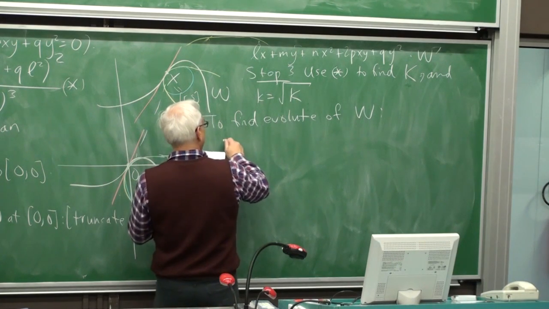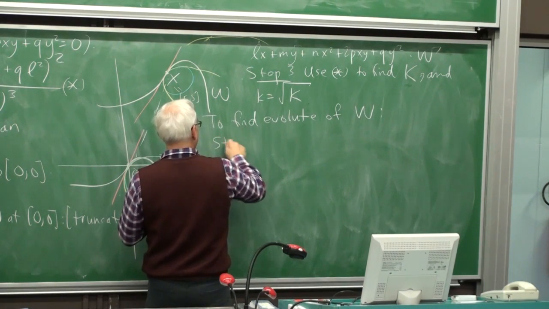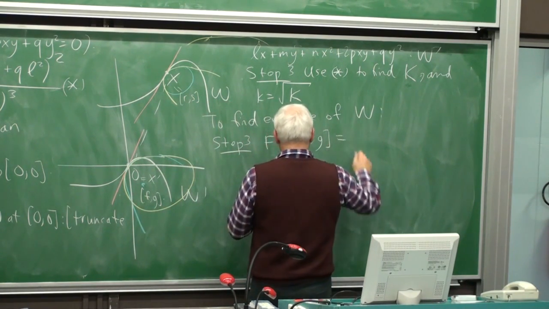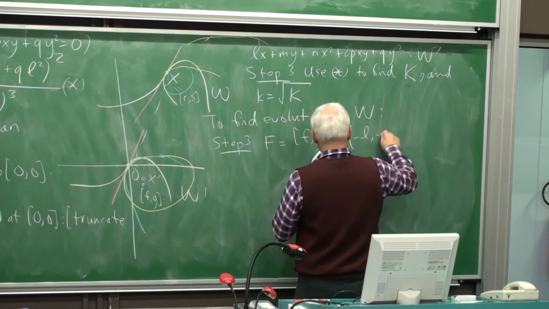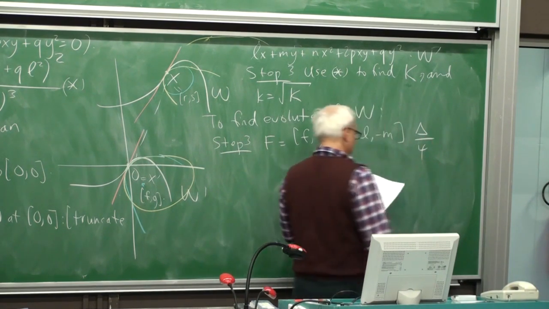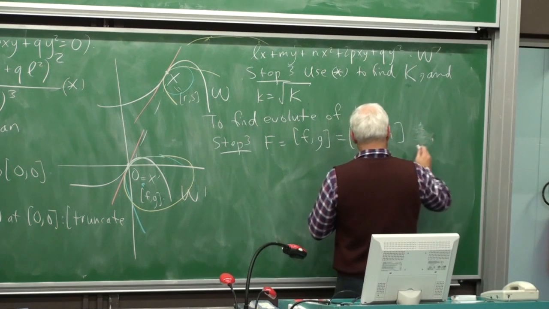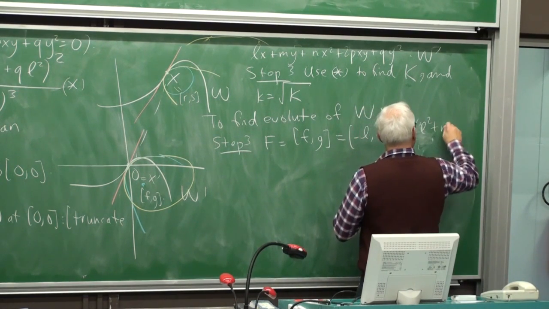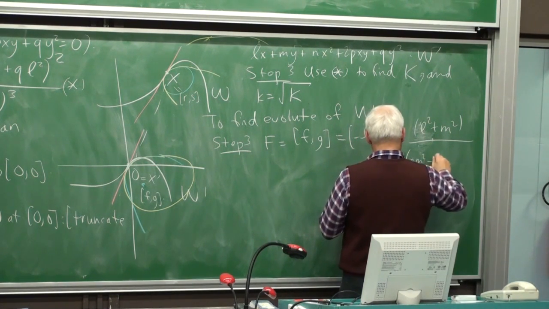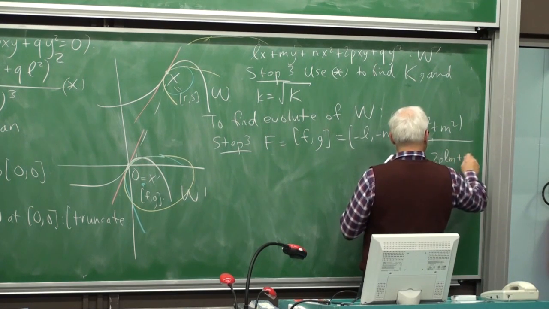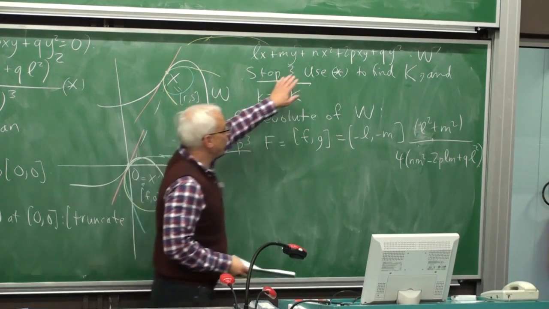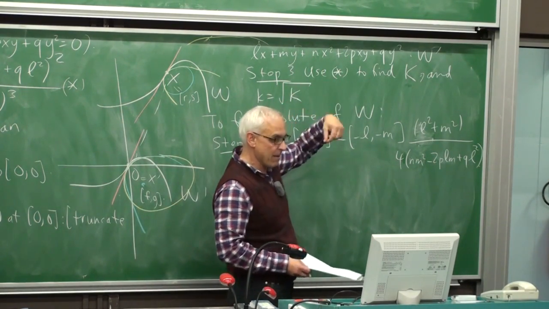At step 3, we calculate F, which is FG, by minus L minus M times this delta over 4. Maybe I should write it out. That's L squared plus M squared divided by 4 times NM squared minus 2PLM plus QL squared. Not exactly this, but it's this quadratic form evaluated at minus M, L.